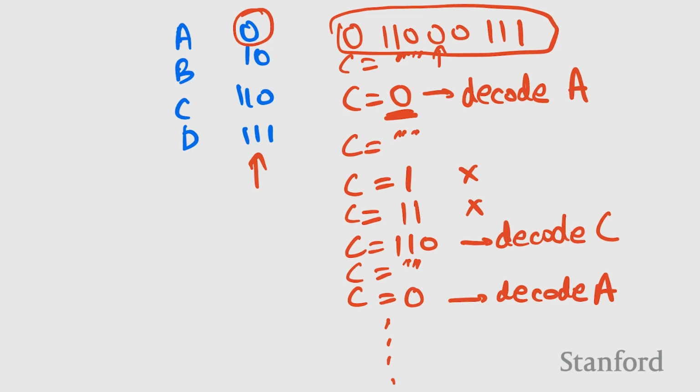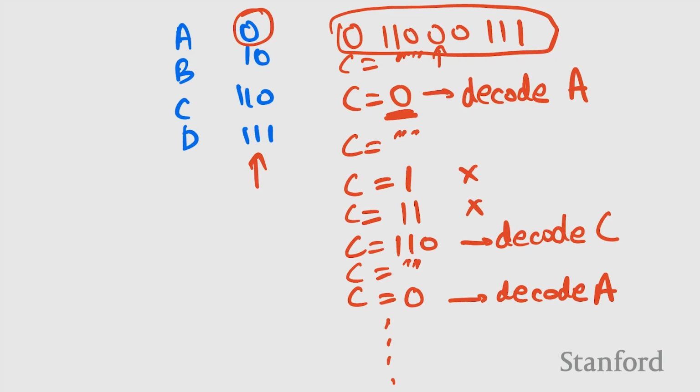So let's think about this. First of all, any confusion? Are we happy with the decoding? Why do we think this works? What is the property of the code that makes this possible? Basically, no code is a prefix of any other code. Yes, the answer given by a student, which is correct, is that no code word is a prefix of another code word.